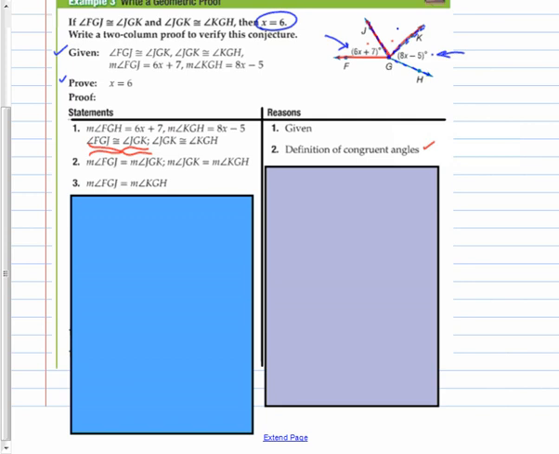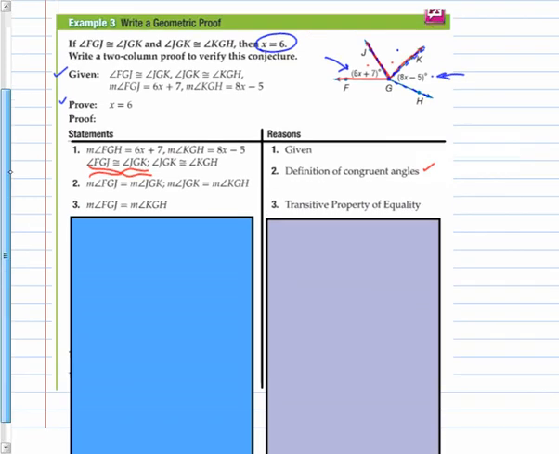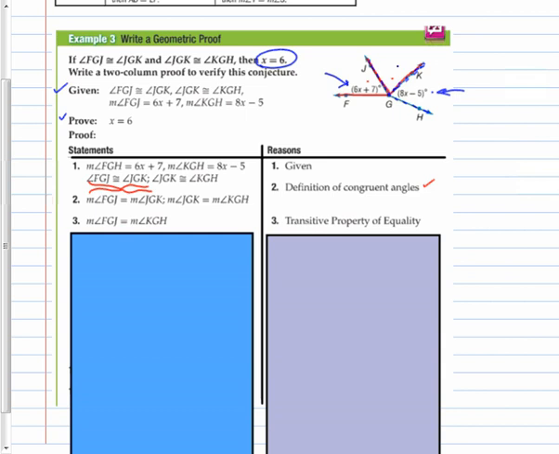So the first must equal the last. It's called the transitive property of equality. Now what they have just said is FGJ, this angle right here, must equal the measure of KGH, this angle right down here. That's probably going to be useful to us to know that those two equal each other.